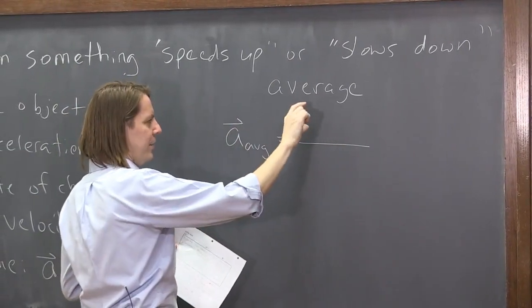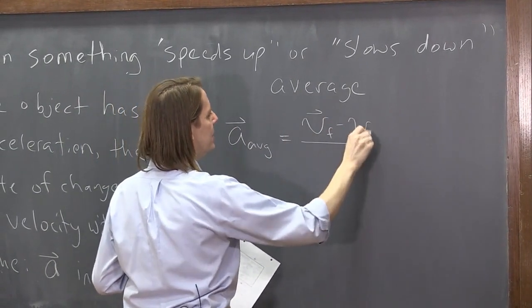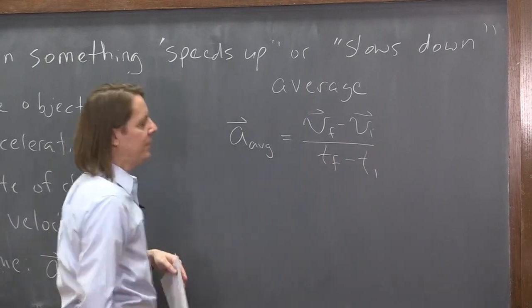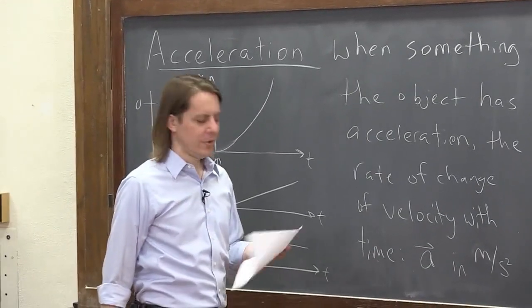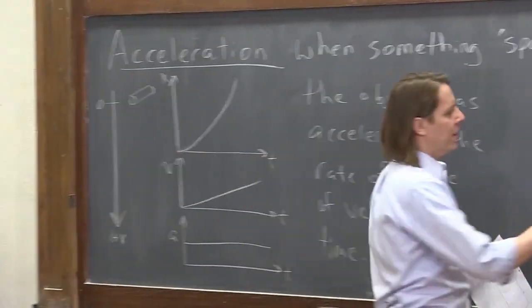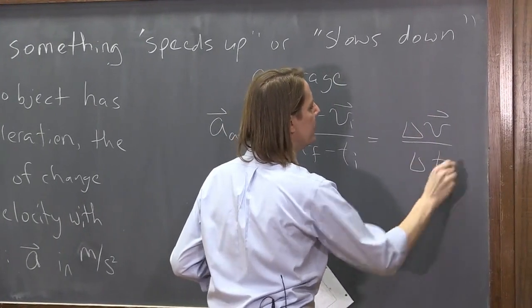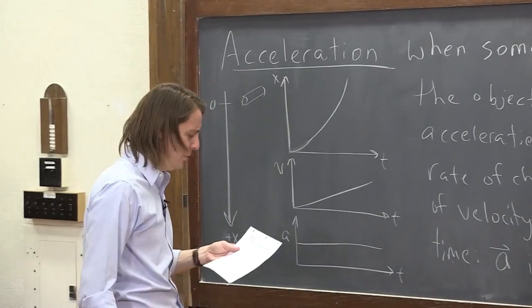Instead of the displacement here, we're going to have the final velocity minus the initial velocity. And here we're going to have the final time minus the initial time. So quite equivalent to average velocity. Or you could write it like this, delta v over delta t. You could call that the velocity displacement vector, but I wouldn't recommend it. That will probably just confuse you.